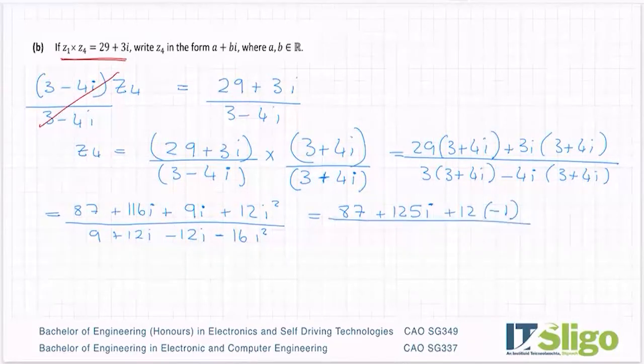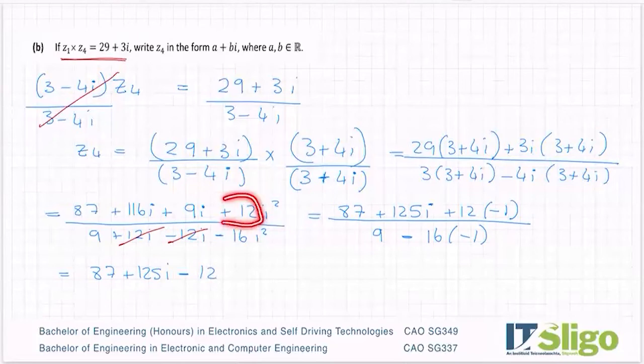Down the bottom, remember I told you the reason we do this is the i's will cancel. Okay, so you're left with on the bottom 9 minus 16, and straight away you sub in that minus 1 again. Okay, let's keep going. So 87 plus 125i minus 12. What you'll see is the i squared will always change this sign.